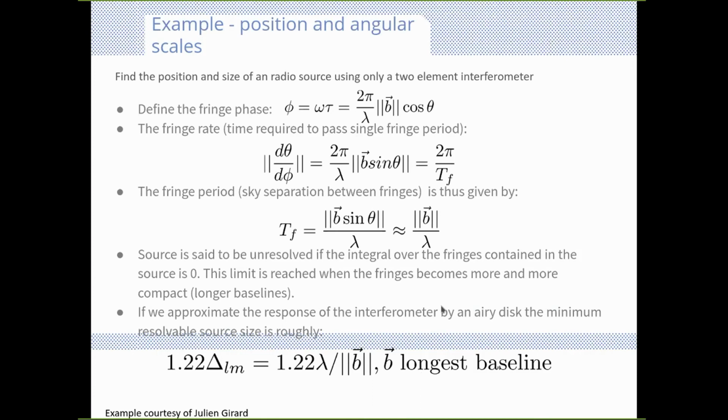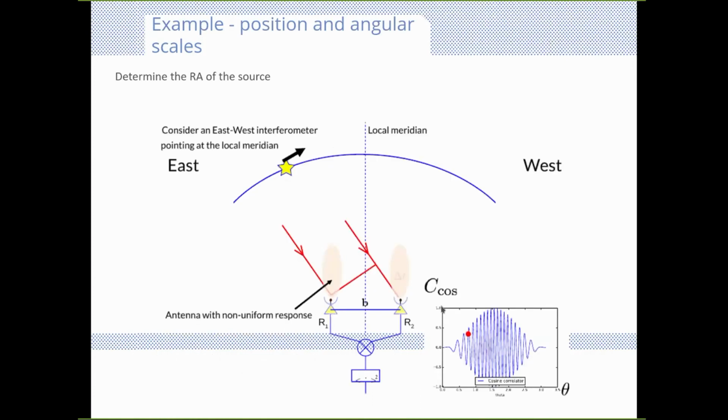All right, so let's get on to how we're going to measure the position. Let's first start with the position, that's maybe a bit easier. So let's start with right ascension. As we said before, the source is drifting east to west over the local horizon of the observer, so the observatory's local meridian. As it's drifting overhead, what our interferometer sees is just going to be a fringe, because the source is offset.